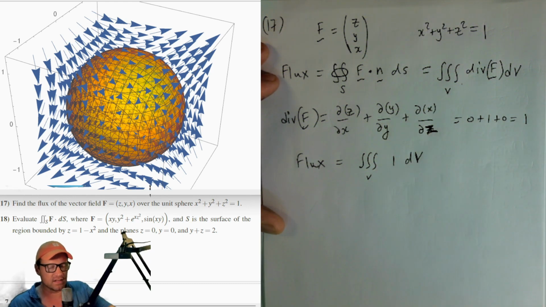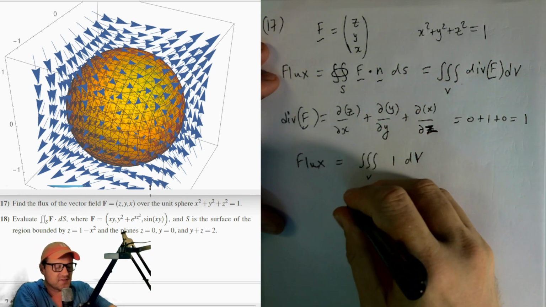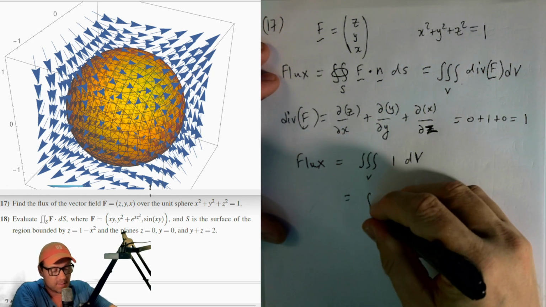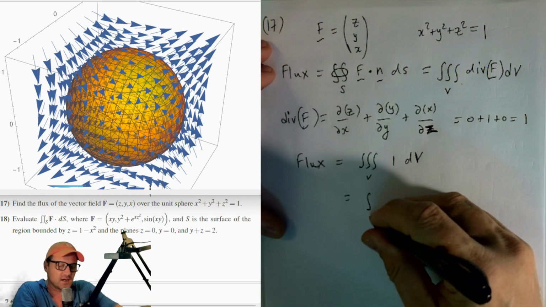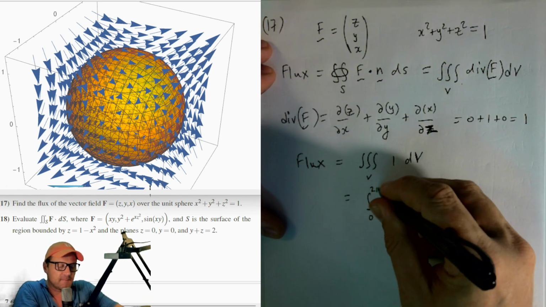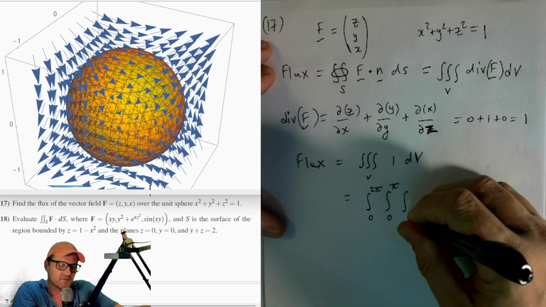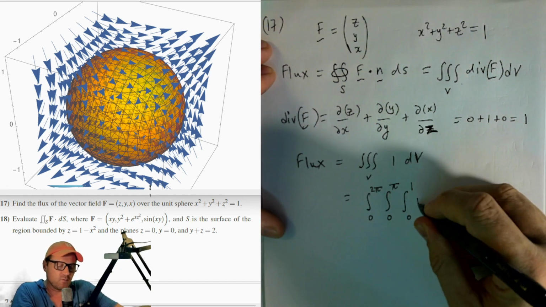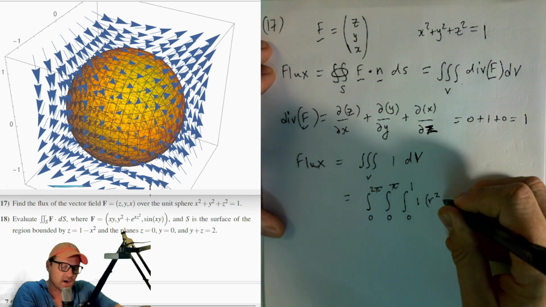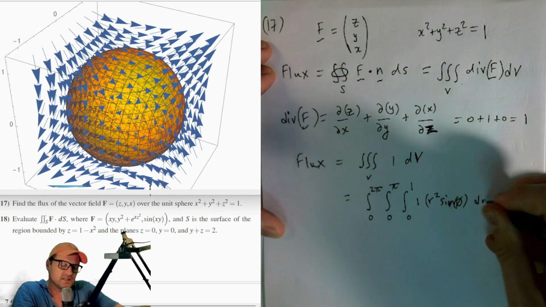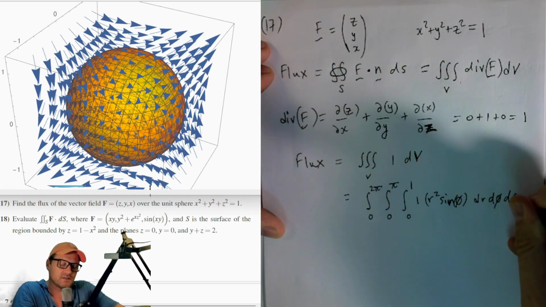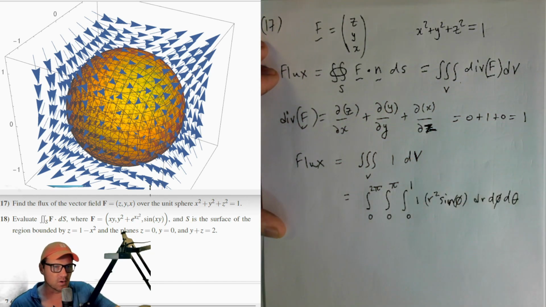But let's calculate this. And so we can write this as the triple integral, where theta goes from 0 to 2 pi, phi goes from 0 to pi, and the radius r goes from 0 to 1. So we have 1 times r squared sine phi dr d phi d theta, changing to spherical coordinates.